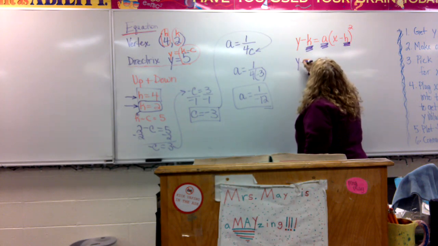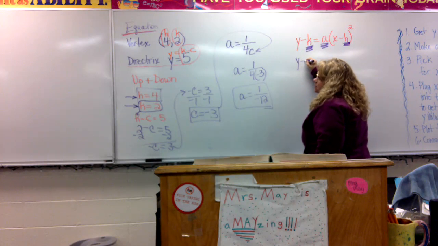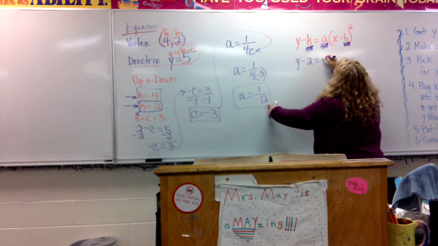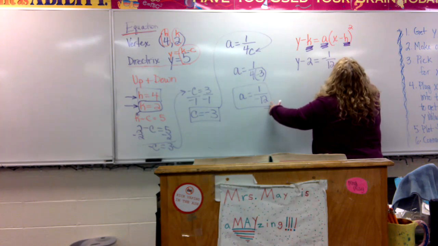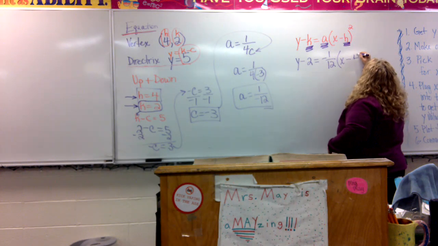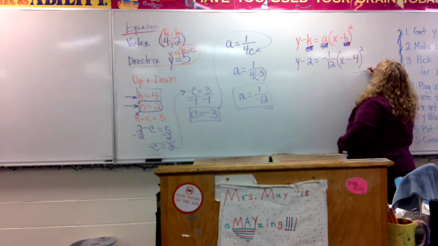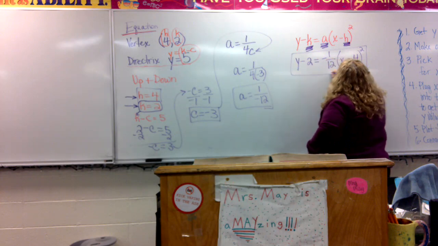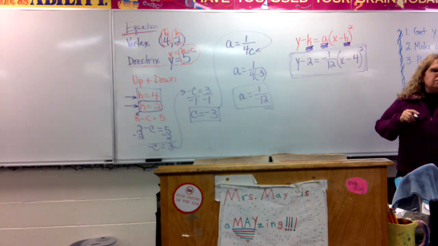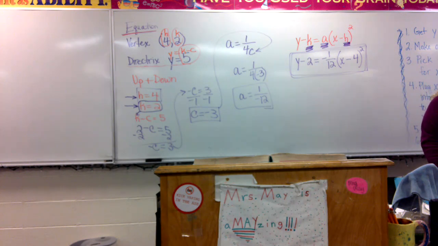So y take away 2 equals, a is 1 over negative 12 or negative 1 over 12, times x minus 4, all squared. So there's your equation. That's not too difficult, right? Right.